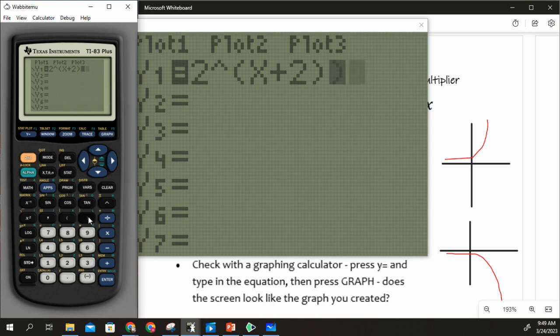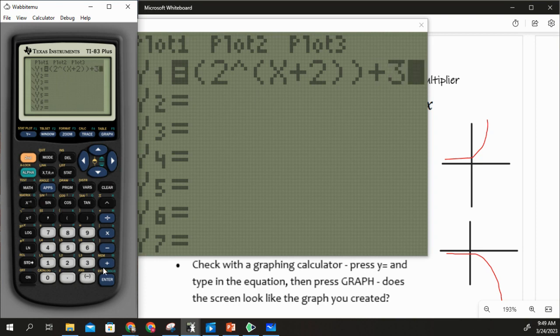You can also use more parentheses, the more the better, in case you're a little scared. Like if you wanted to put the base and the power inside of a parenthesis and then anything outside of it separately, you can do that too. So there's more than one way for you to deal with this.